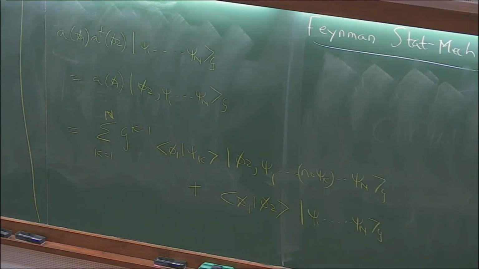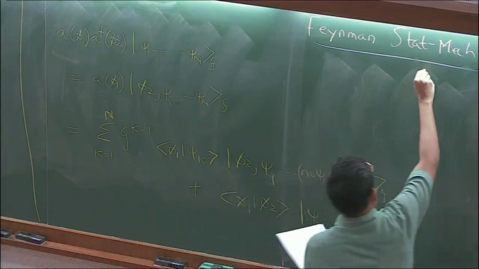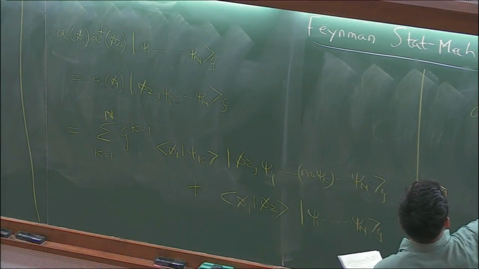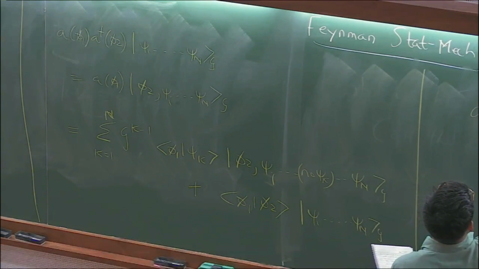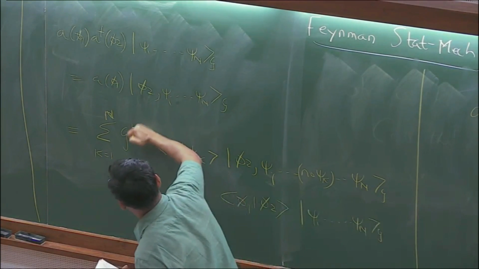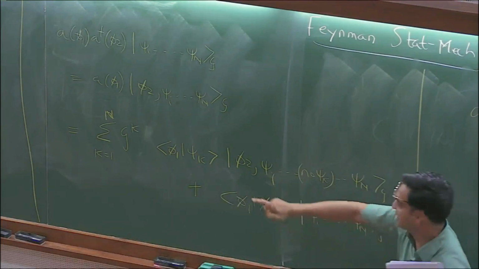Now do it in the opposite order, acting on the same ket. Now you've got to remove first. Sorry, there's a k here. That's what I was missing. Why is there a k here?